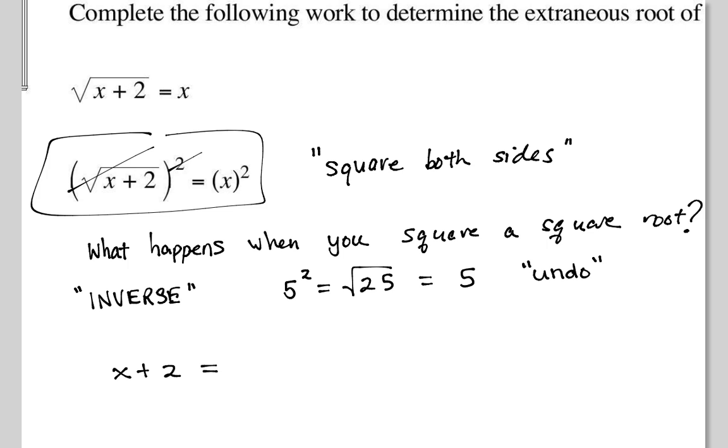And then this equals x squared. And then this opens up a whole other can of worms, because this is a degree 2 equation. How do you solve degree 2 equations?